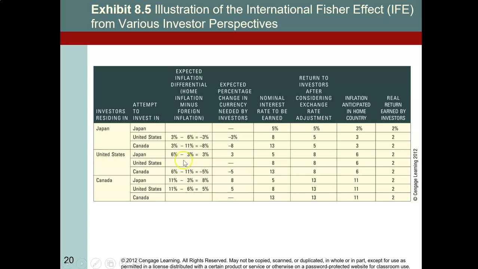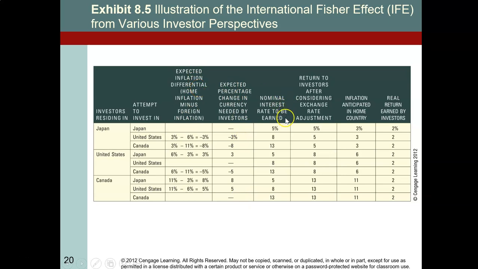And for the United States, the difference is 3% and negative 5% if they want to invest in Japan or Canada. And for Canadian investors, if they want to invest in Japan or the US, their inflation differences are 8% and 5%. Then we have this column, which is the expected percentage change in currency needed by investors, which is the same as the difference in inflation rate.